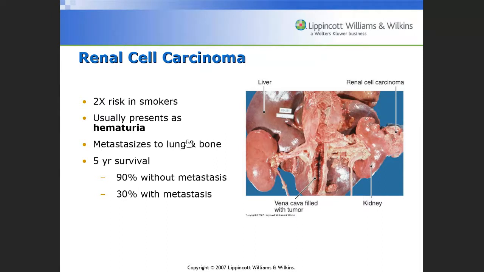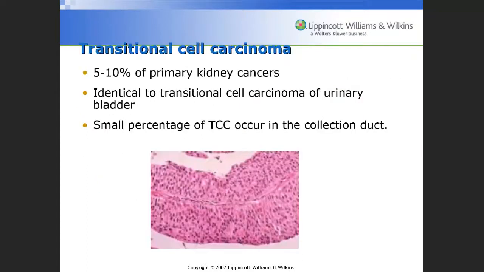If it's not, you catch it early, 90% survival. That's pretty good. And typically, it doesn't have to occur bilaterally. If it's on one side, you can definitely remove it because one can live with one kidney. Okay? So it's not uncommon that people donate a kidney because you only need one kidney. You don't need the other kidney.